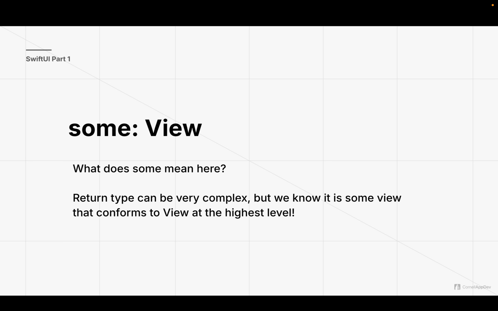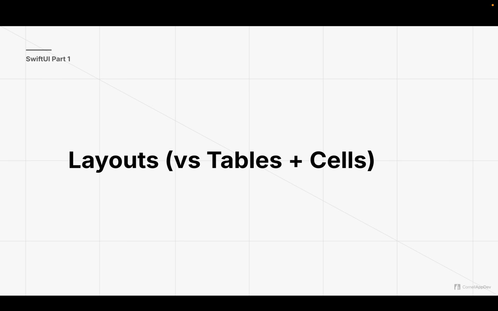That makes sense? So if you have a view, under View is like Text. Text is a type of view, Image is a type of view, and a combination of those in a VStack is also a view. So that's all this is saying here. Yeah, it's just another level of abstraction that helps with flexibility. So that's what SwiftUI is all about.